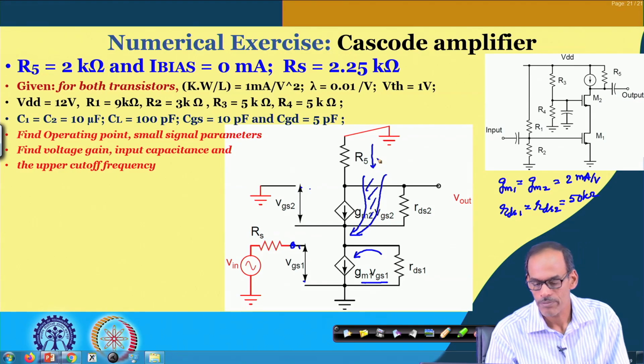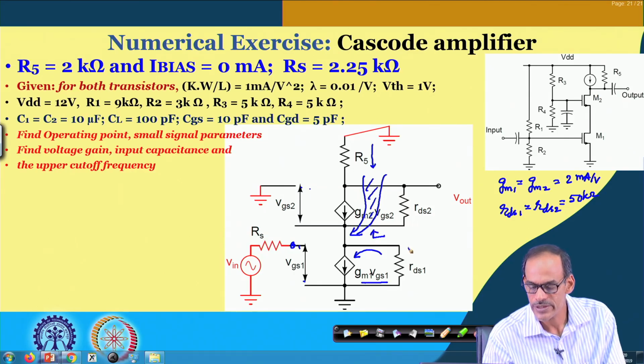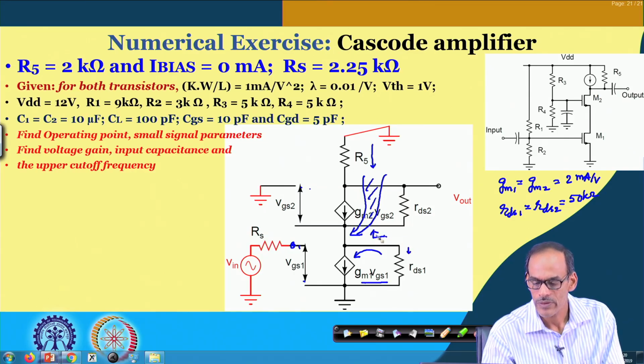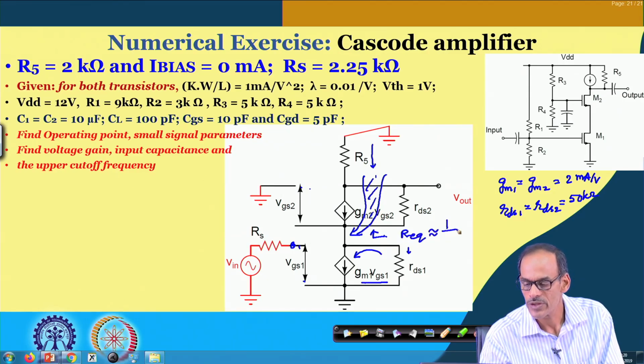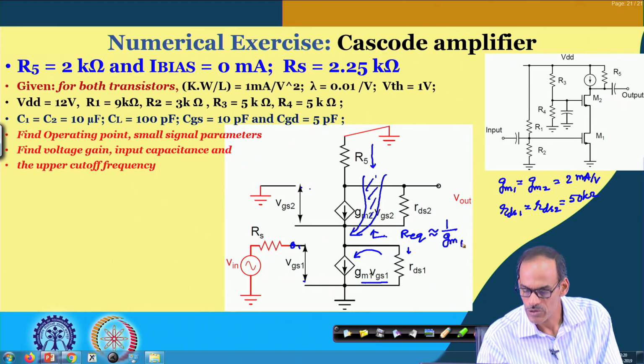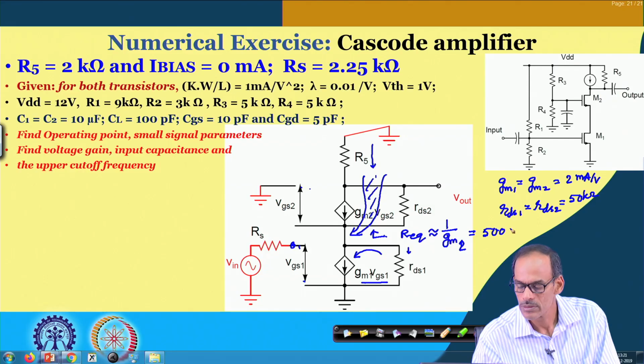Again based on the relative value of this resistance and this resistance, we can say that the major part of this current is coming from here, because in this case the R equivalent is essentially 1 by gm2, which is 500 ohm.